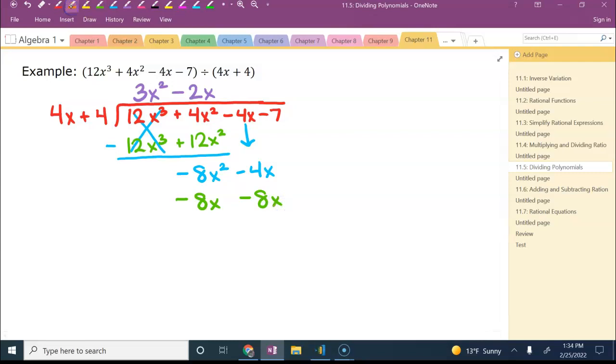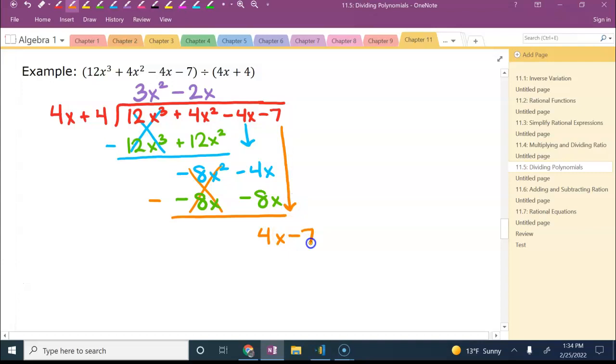And then we're going to subtract. Now be really careful here because you've got a lot of negative signs happening. So on the bottom here, you're really going to have negative 8 plus 8, which would be 0. So again, these cancel, which we want to see happen. And then again, you've got double negatives. So negative 4, keep change again. You're going to be left with a positive 4x, and then you want to bring down the next term from up above, which is that minus 7.